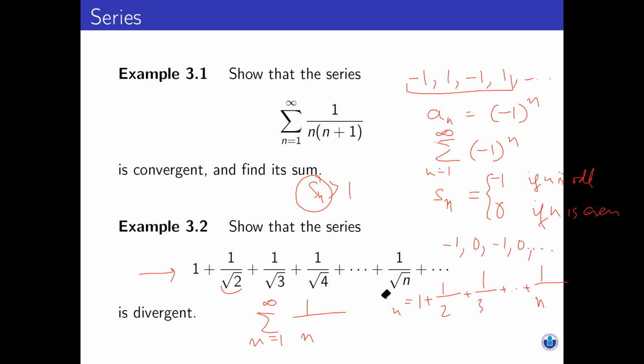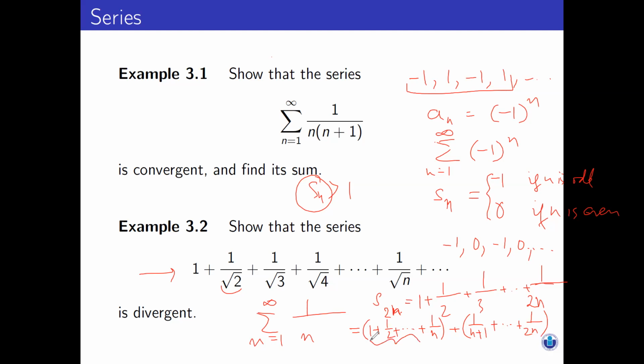So I guess it's easiest to do this. Let's look at the index 2n. So you sum all the way from 1 to 2n, and you can split this into two sums. And the next sum is... okay.